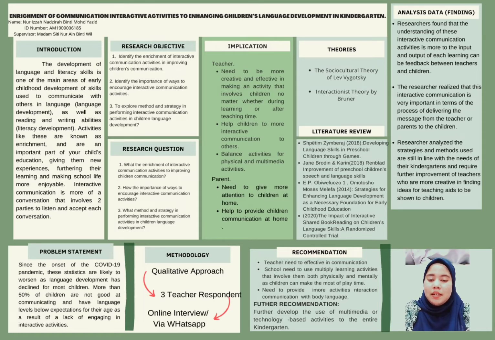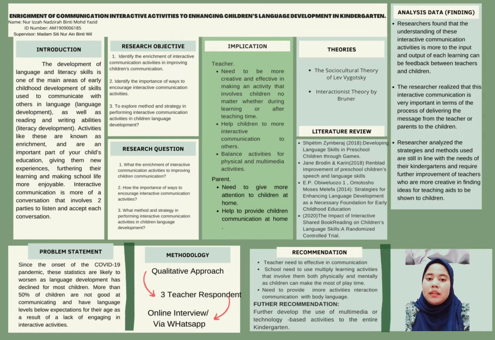Okay, there are some theories that can relate to the research. The first one is the sociocultural theory of Lev Vygotsky. The social interaction within the family and the knowledgeable members of the community is the primary means by which children acquire behavior and cognitive processes relevant to their own society. Peer intervention in this context is also an essential part of the development process.